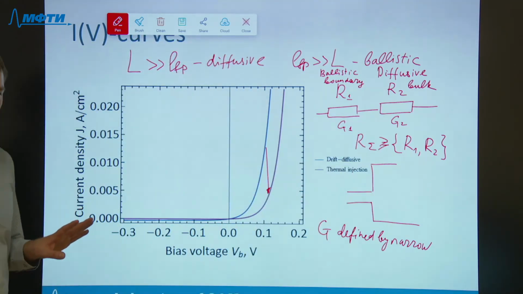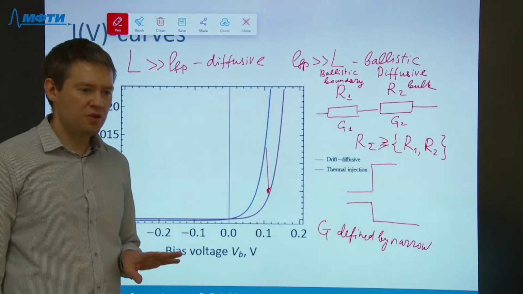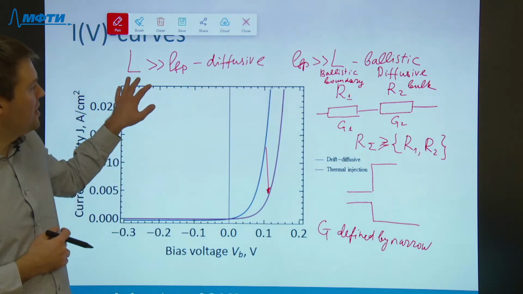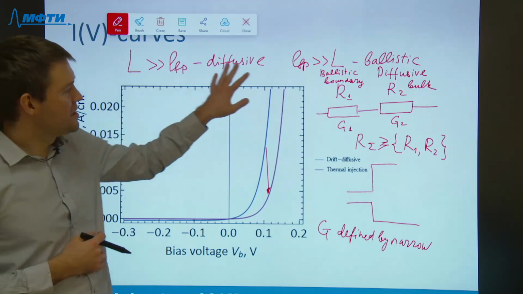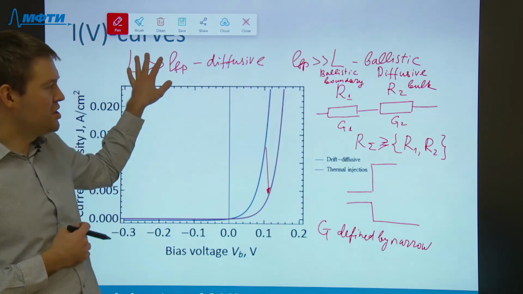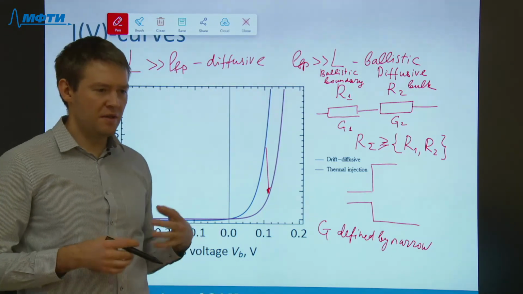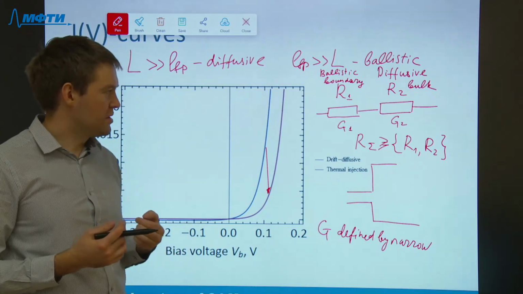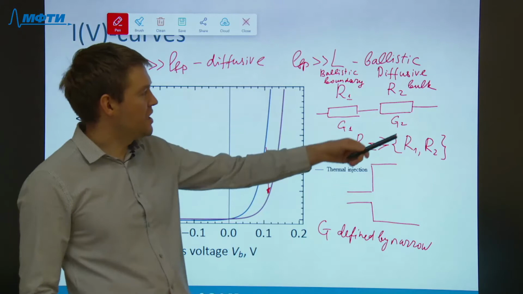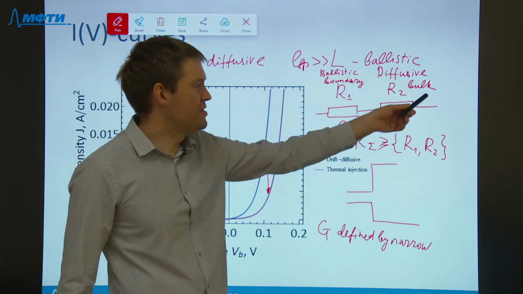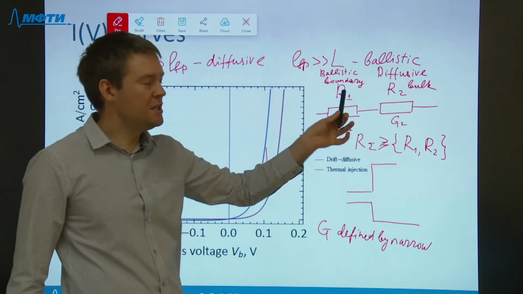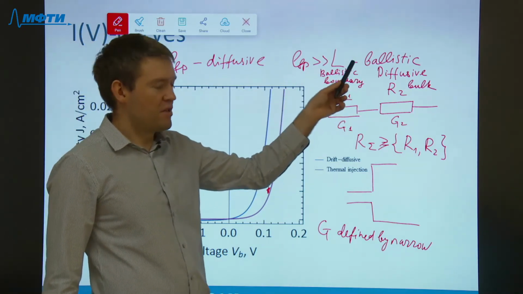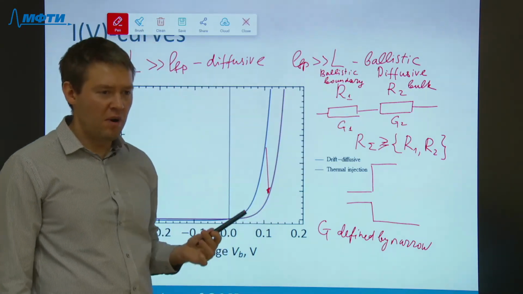These models are actually not competing with each other, and you can forget about these limitations if you consider them as sequential stages for electron passage. First, the electron should pass through the diffusive bulk limited by mobility and carrier scattering, and then it should pass through the ballistic boundary.